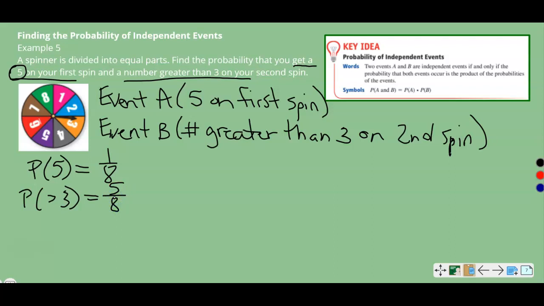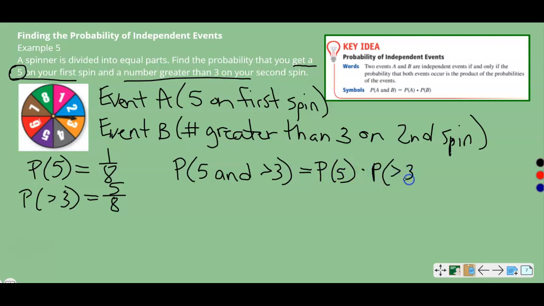And because these are two independent events, we know that we can get P of A and B. P of a 5 and greater than 3 is going to equal the probability of 5 times the probability of greater than 3.